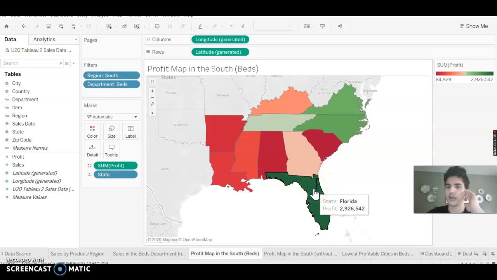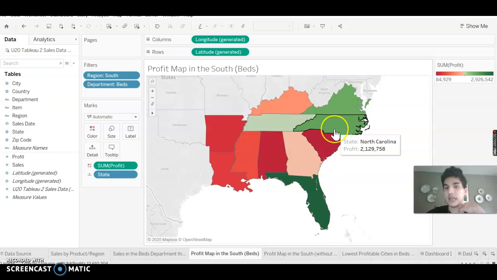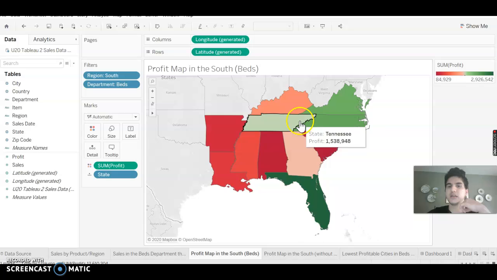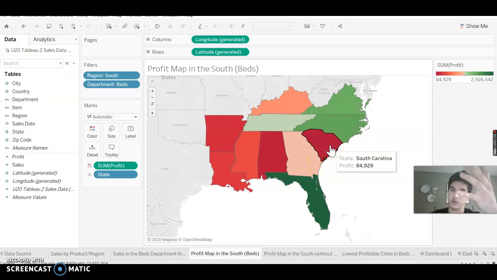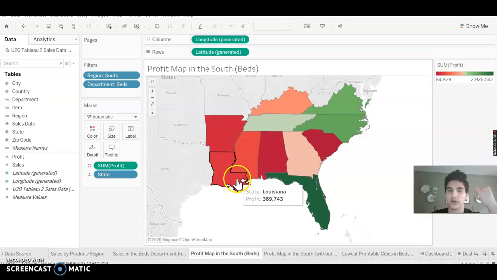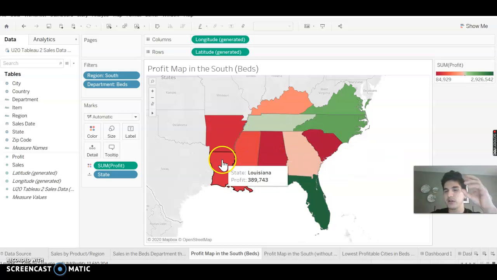For example, here in Florida they profited almost $3 million, and North Carolina two million. But if it was red, it means the company was not selling well in those states. For example, South Carolina had low profit, and Alabama too, and these states were fairly bad.